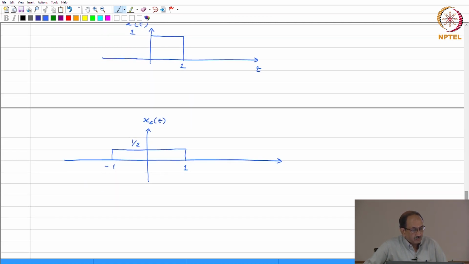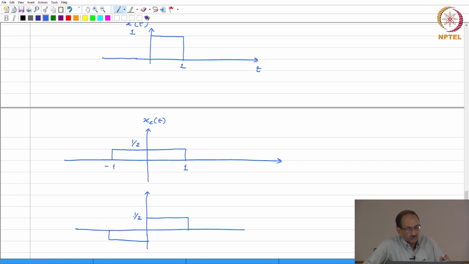So this is the even part of the signal, and this is the odd part of the signal, so that when you add these two, you get back your original x of t. Is there any wrinkle to this? Is this fine, or should we pay attention to something?